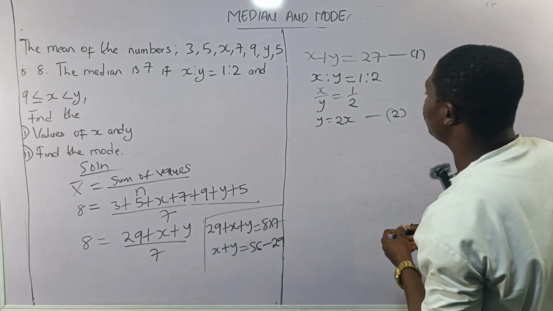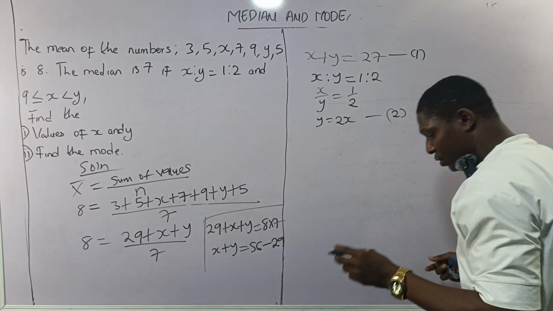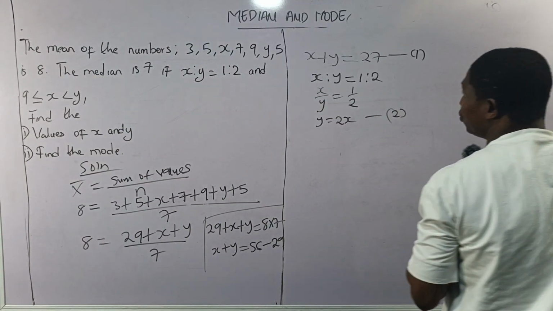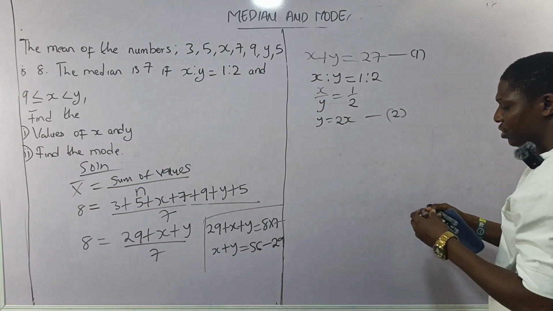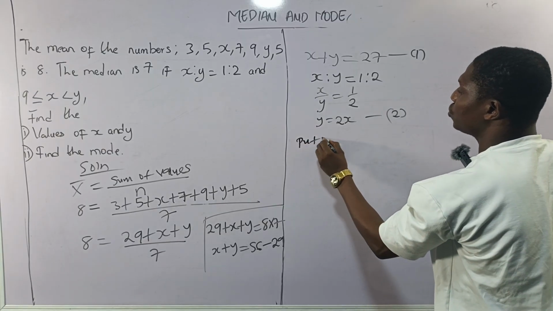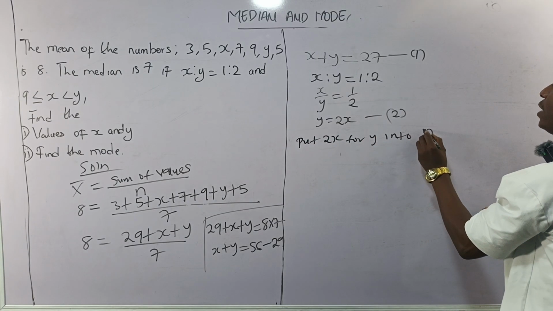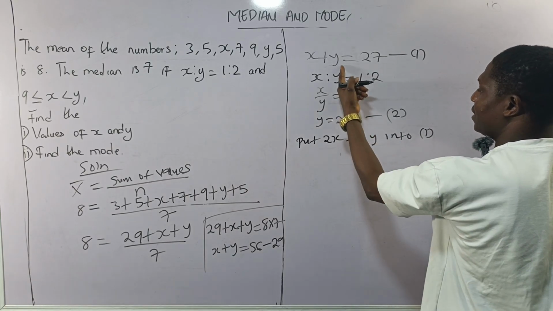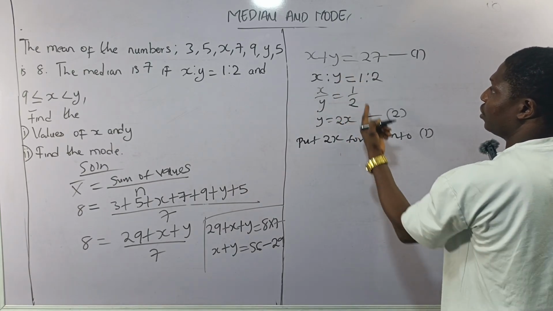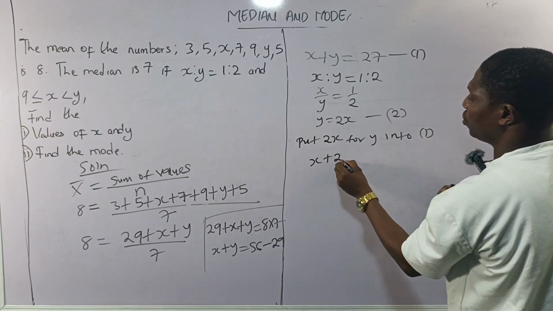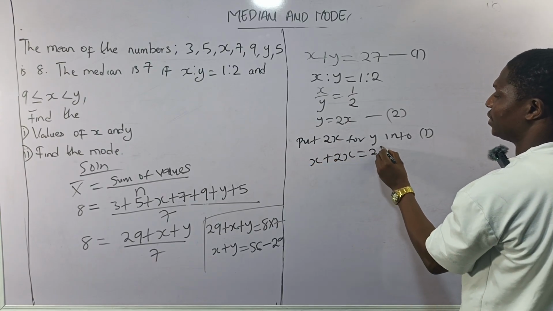If y is equal to 2x, then I can simply substitute 2x for y into equation 1. So wherever I see y, I'll put 2x. So I have x plus 2x equals 27.